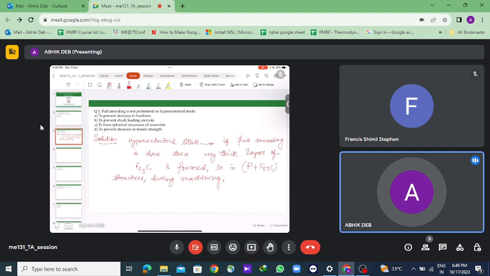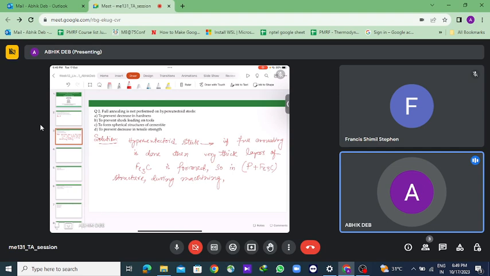That depends. In multiple correct options, relieving residual stress is not actually the main aim, because mainly we refer to the residual stresses as those which are generated during the expansion and contraction during the heating process. Okay, so those are not relieved.